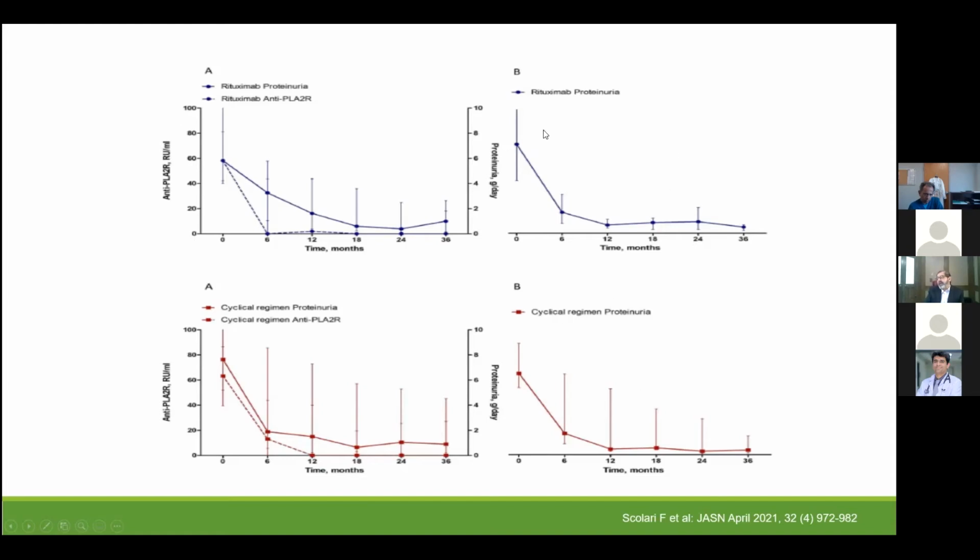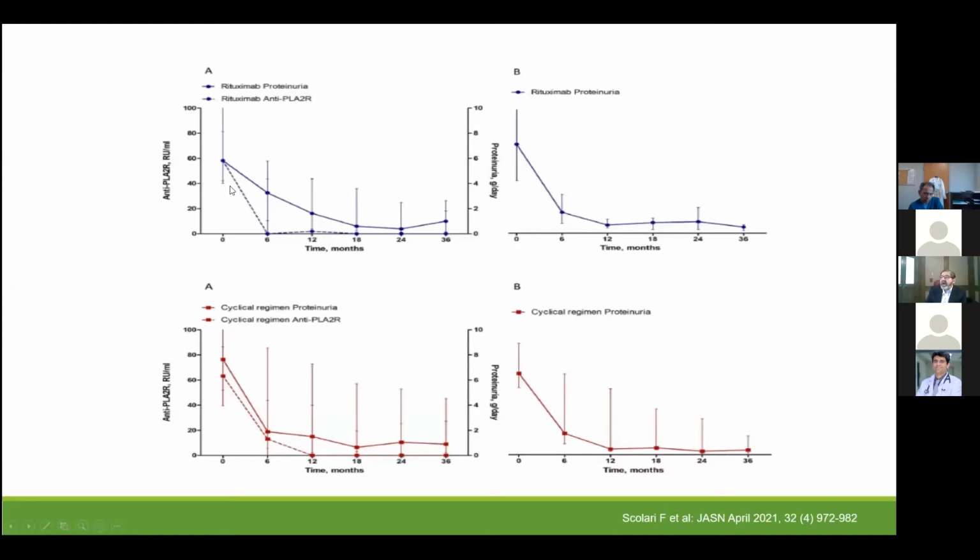On the right panel here, you're seeing patients who did not have PLA2R antibody levels. Some of them were randomized to rituximab, pretty much a mirror image of what you're seeing here. If anything, the response is a little bit faster, but we don't know if the level was high, low, or what have you. This is not that the antibody was negative, it was that we didn't have the specimens at all. And similarly, a mirror image of this on the cyclical regimen as well.